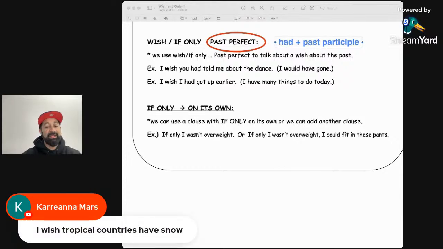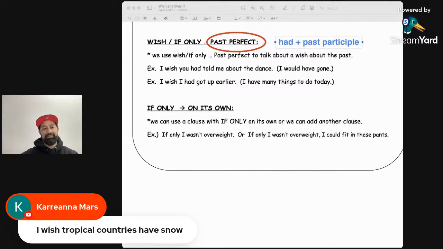I wish tropical countries had, not have, but had. We're going to go past tense. I wish tropical countries had snow. I'm from Canada, so it snows every year. It's getting later and later in the years for snow.